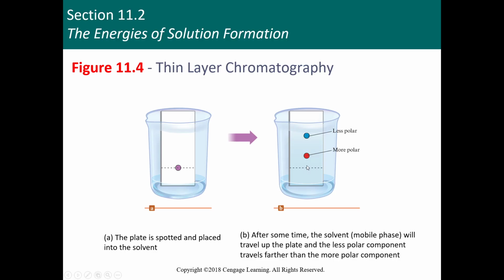If you have more polar components, they're going to move a little. And the less polar stuff is going to move the most. If it's extremely nonpolar, it will move almost along the front, which is called the leading edge of your solvent, and it'll just move with this.